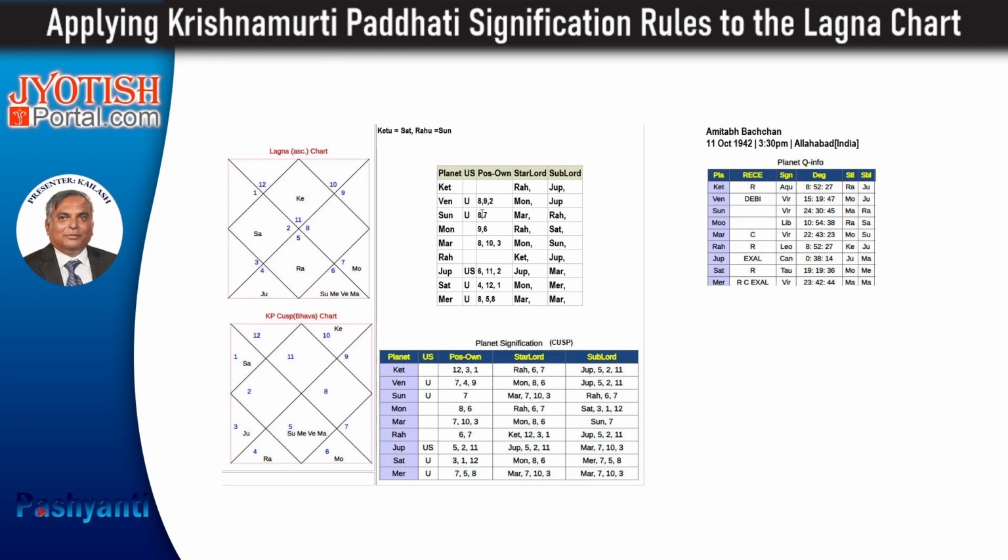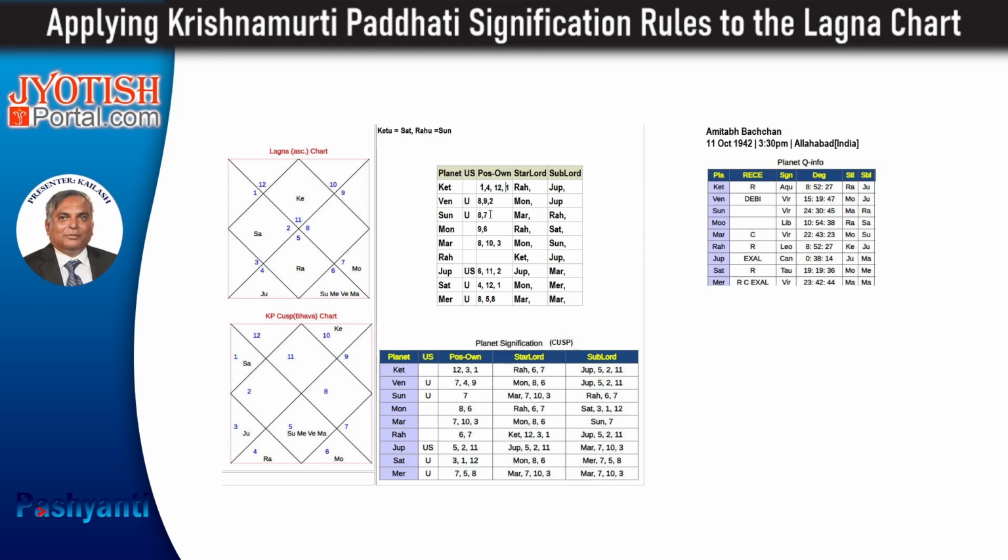Now since we got all these planets, let's look at Ketu and Rahu also. Ketu is in the ascendant, and Ketu is equal to Saturn, so we'll just use these values and put them over here. So Ketu is going to indicate the 1st and the 4th and the 12th and the 1st. 1 is repeated twice.